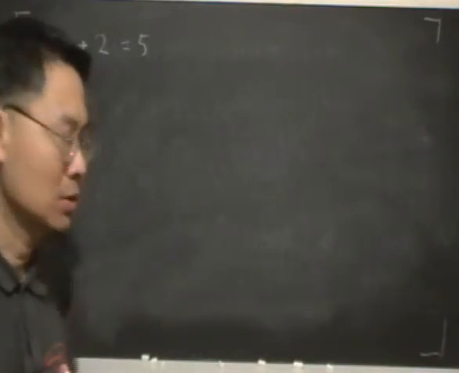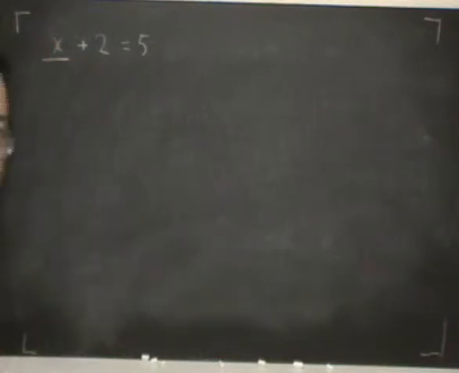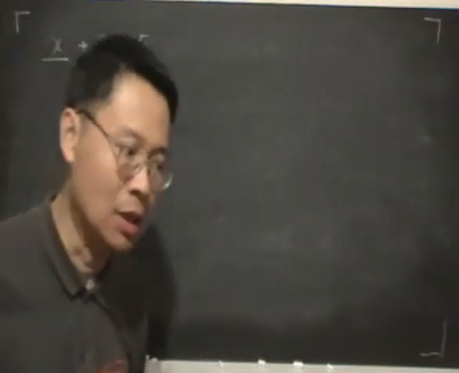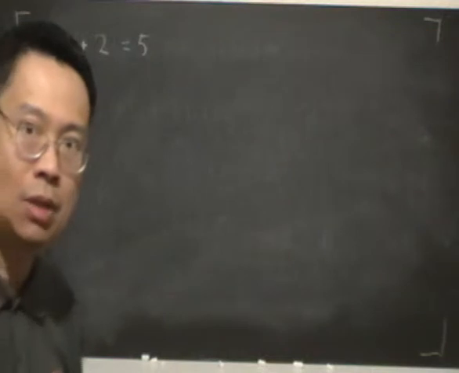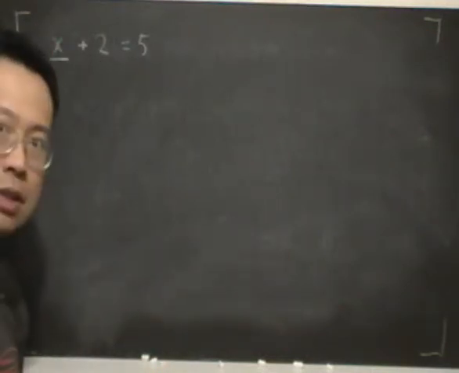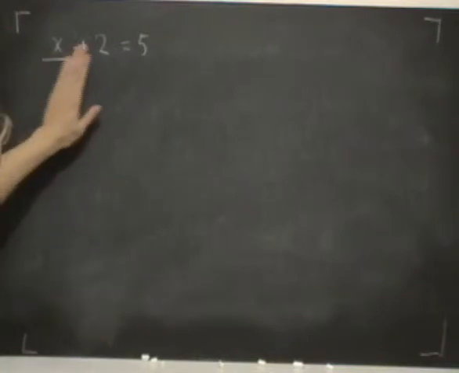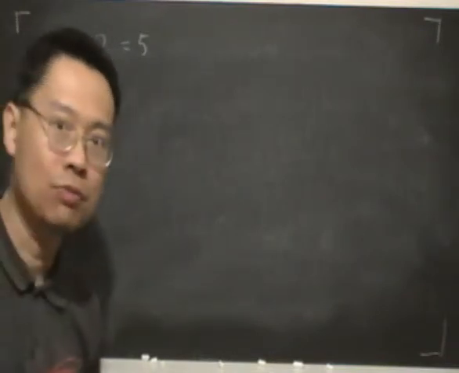Let it be x. So x is our unknown. We don't know what it is, we're just going to give it a name, and we usually use a letter to name it, so let's call it x. Now I have this thing here which says x plus 2 is equal to 5.